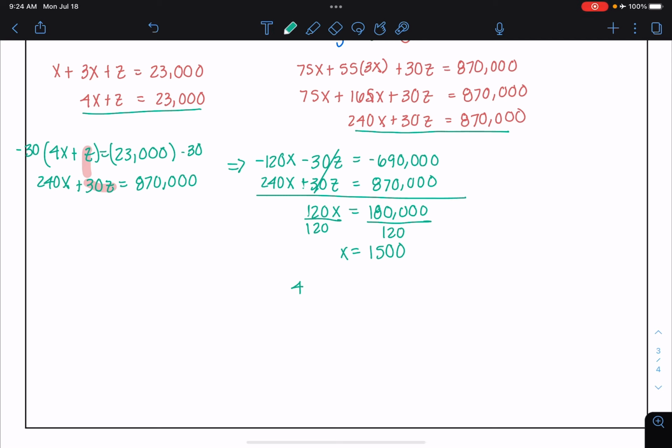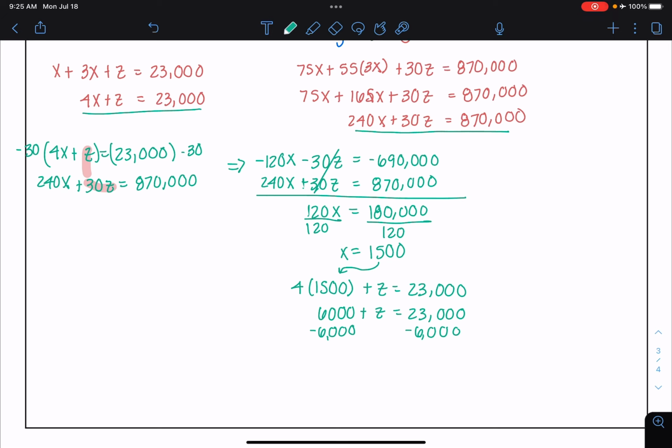And so when I do that, I get 4 times 1,500 plus Z is equal to 23,000. Well, 4 times 1,500, I get 6,000 plus Z is equal to 23,000. And when I subtract 6,000 from both sides, I get that Z is equal to 17,000.